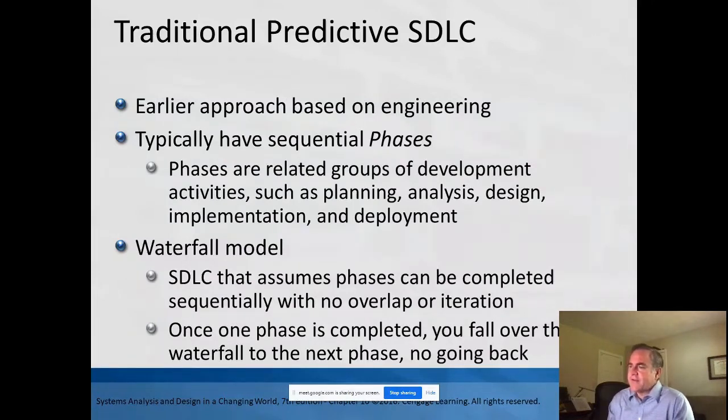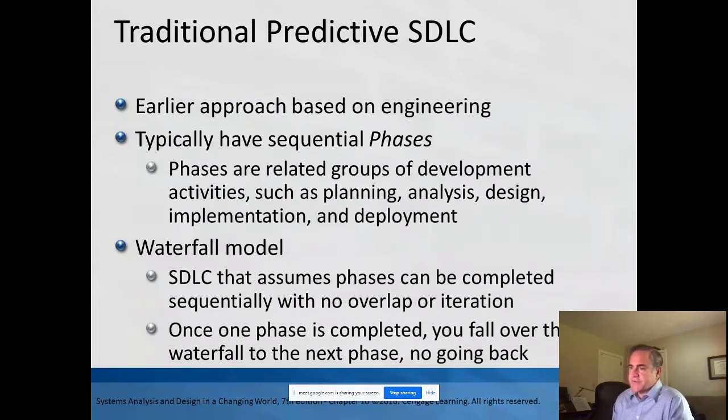And as I said, in order to move on to a phase, so say I'm in planning, I have to be completely finished with planning before I start gathering the metrics for the analysis phase and turning those into use cases and things like that. And before I start building models in the design phase, I have to be completely finished with all of my requirements gathering that I would do in the analysis phase.